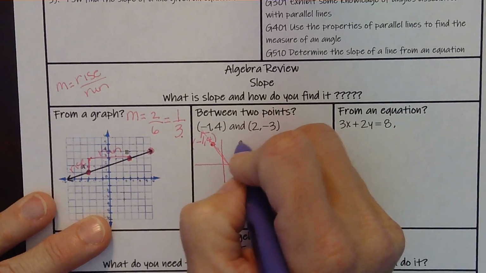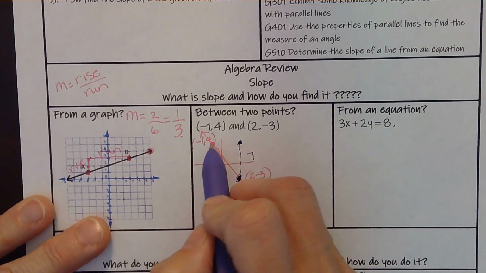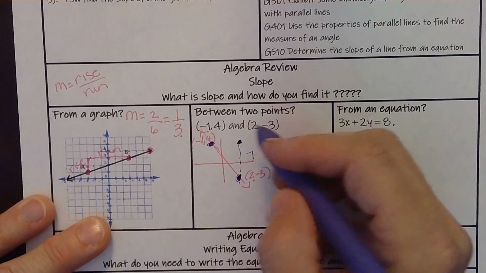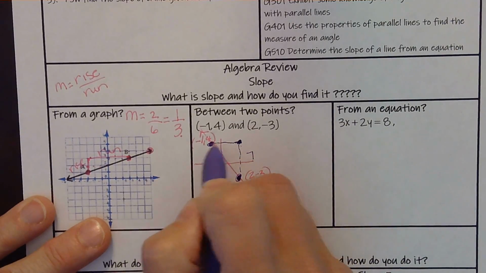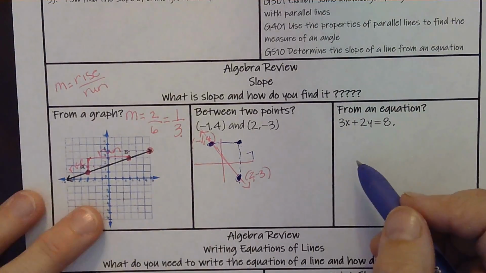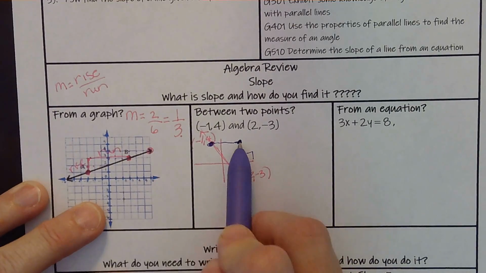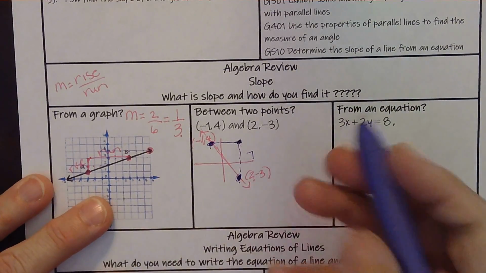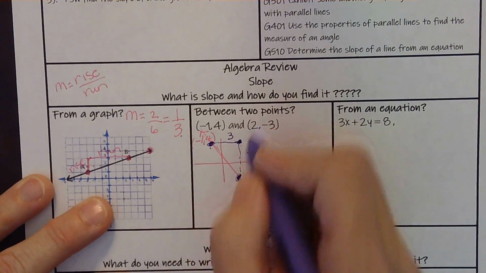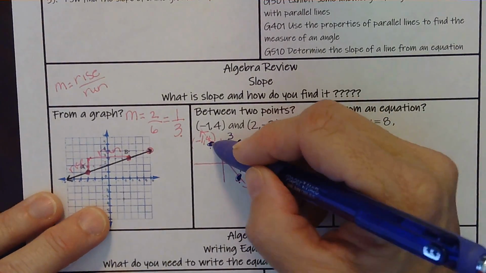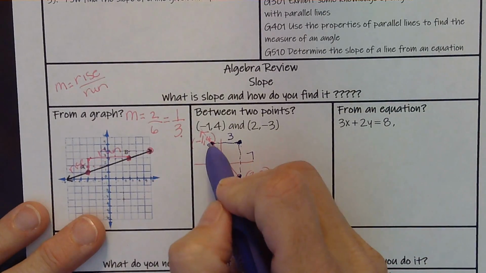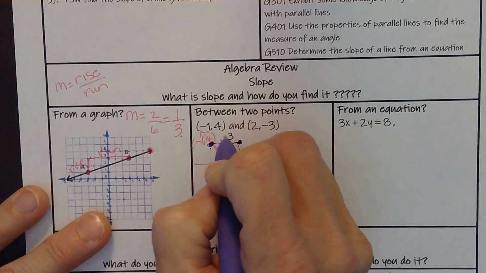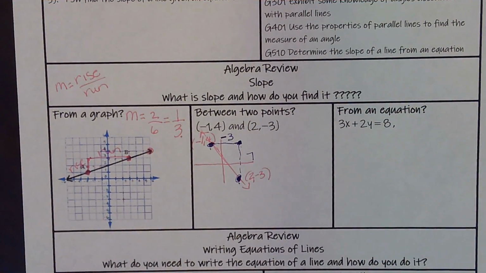Now, because we are going from here to this point, there's a change in x's. The change in x's is going from 2 to -1. So 2 to -1 is a change of 3. From this point over, we moved to the left, so we're going to say that is -3.